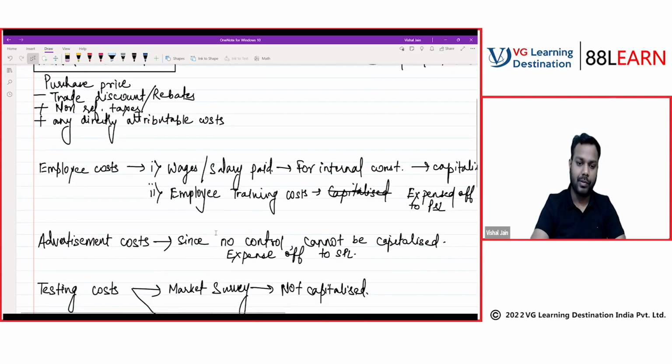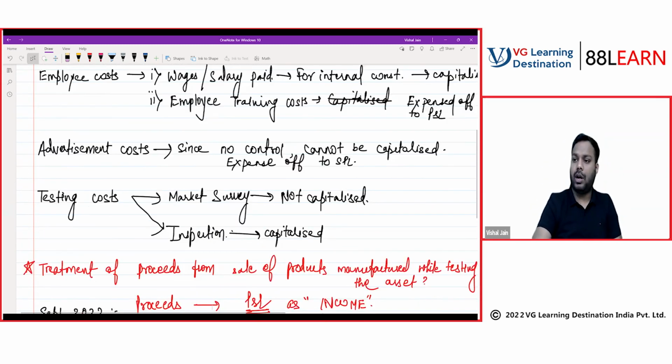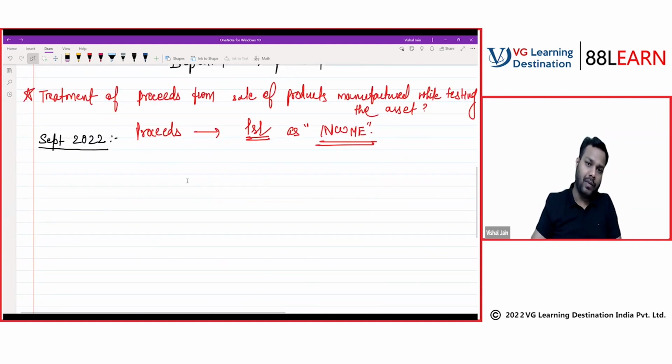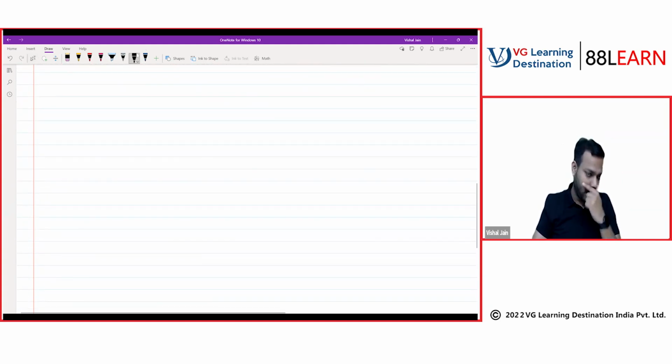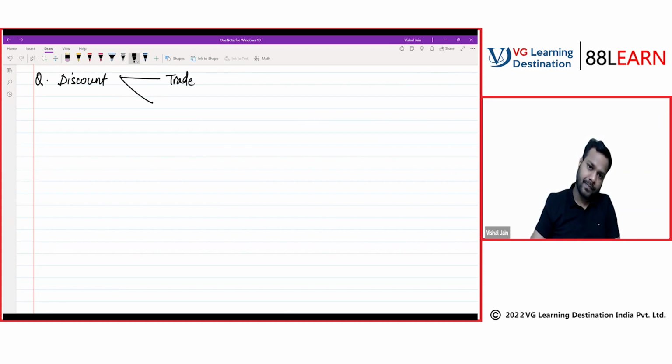Let me explain that reason. So Uday has a query, and that's a very valid query. That's a good question. The question is, I said that discounts are of two types. One is trade discount, and another is cash discount.